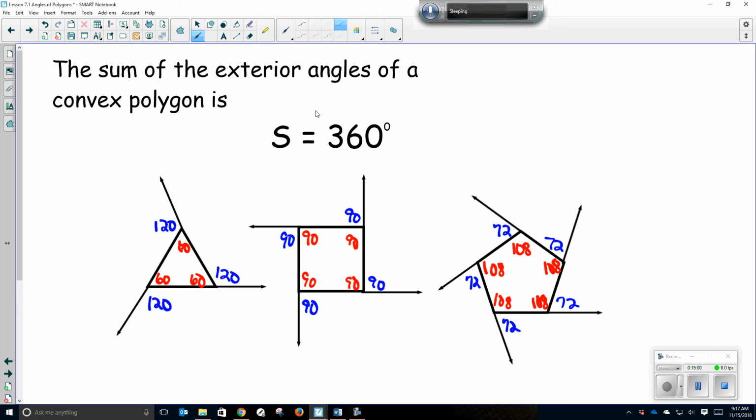Back when I used to do math team, at a different school, every time at the county tournament there was a problem that had something to do with the exterior angles of a polygon. And they try to trick you into not remembering that the sum is always 360.